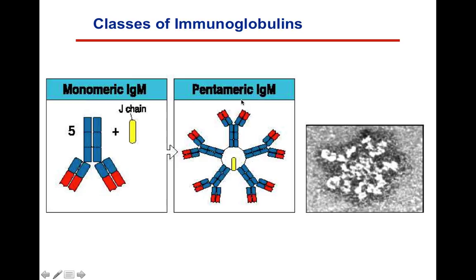I'll show you what that structure is. This is the monomeric form. When these are produced and secreted, they assemble into the pentameric IgM form, which is the final form. So this is the monomer, and they are assembled into what is referred to as a pentamer. This is what you would find in the plasma. As a consequence, an IgM is one of the biggest molecules that you see in the plasma.